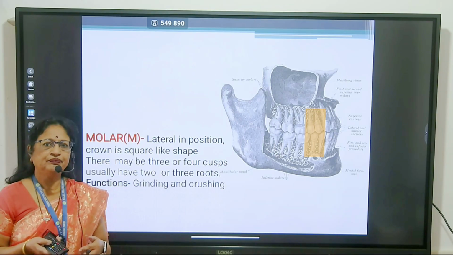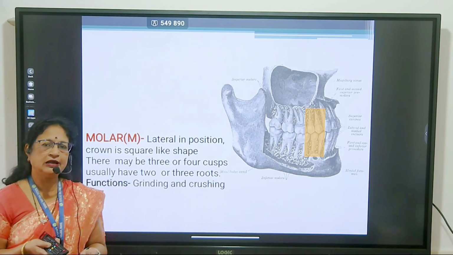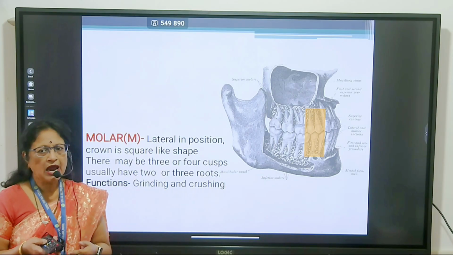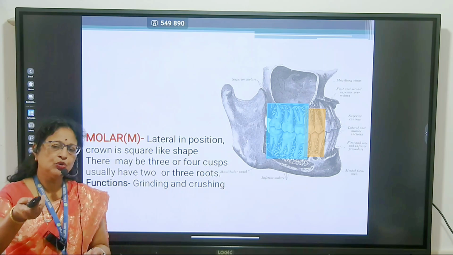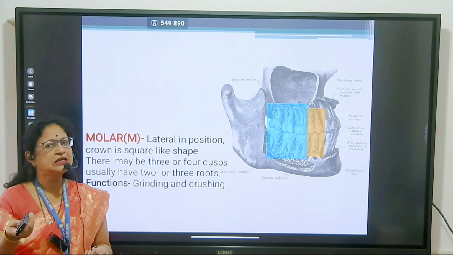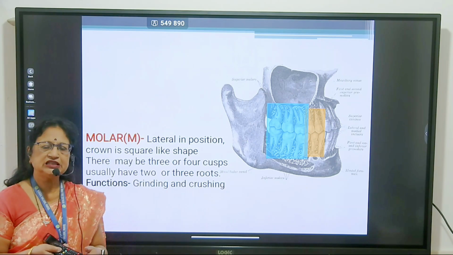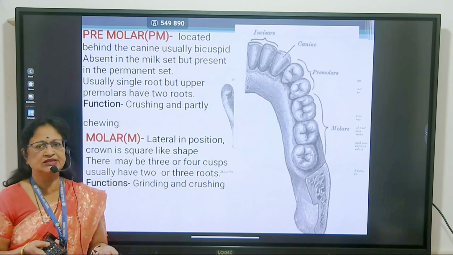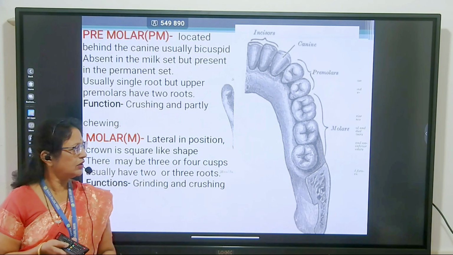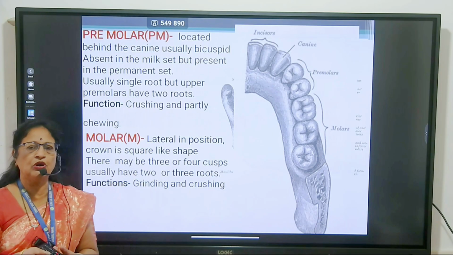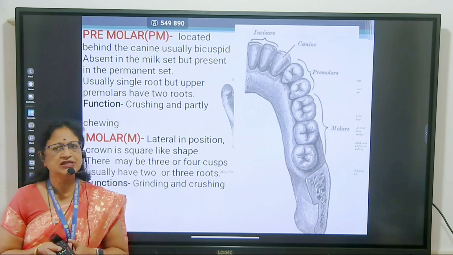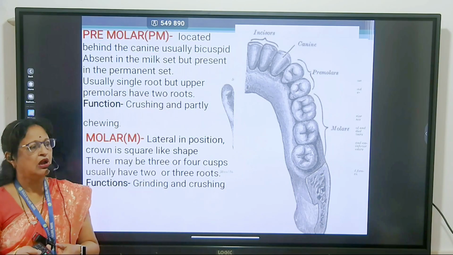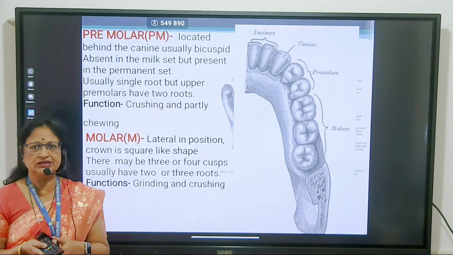These teeth are useful for grinding and crushing the food, and they are shown in bluish color in this diagram. The last three teeth are the molars, and the last type is premolar, which is denoted by PM, and they are located in between canines and molars.